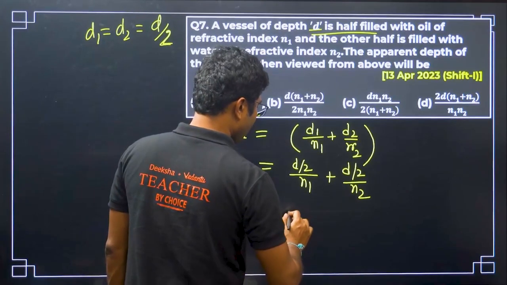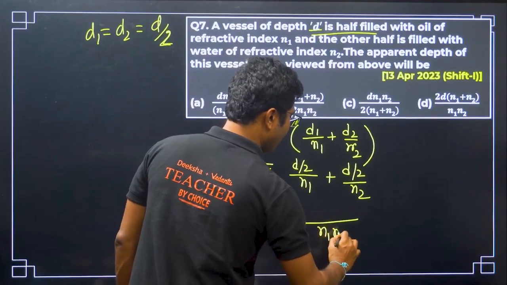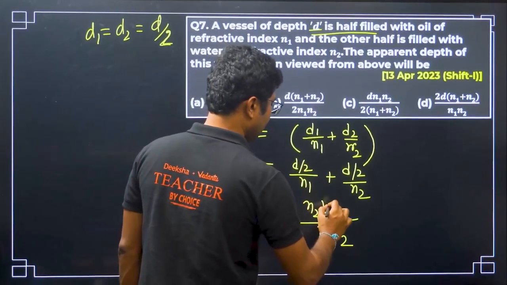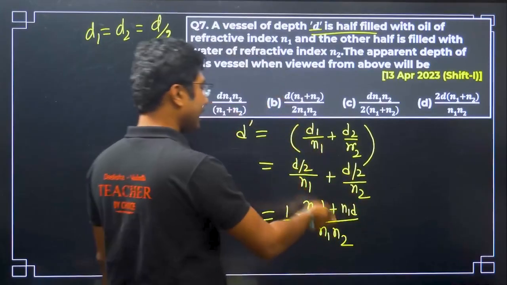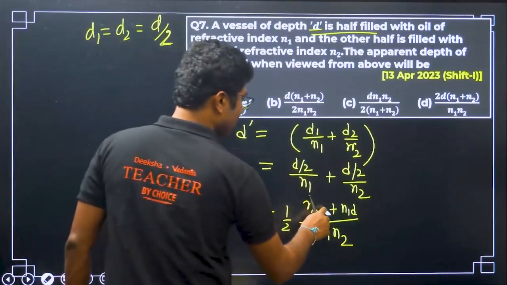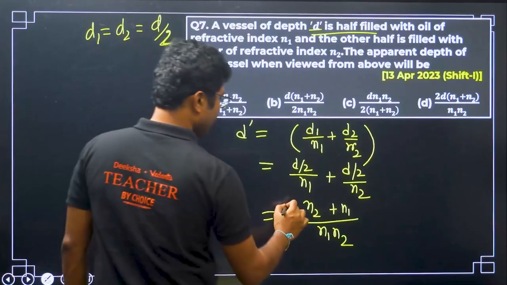So, half will be common first and you get N1 N2, N2 D plus N1 D. Again, let us take D also common. D by 2 is common in both cases.